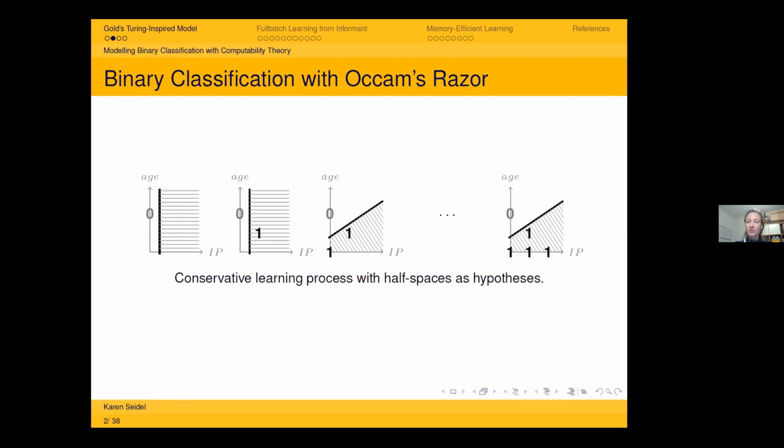At each time step, the algorithm will have seen a certain finite amount of data. It outputs a classifier, and what we want is some classifier that is optimal in the end. This means in our setting that it is 100% correct, and also that it is eventually correct, so that at some point in time t it will be a correct classifier.